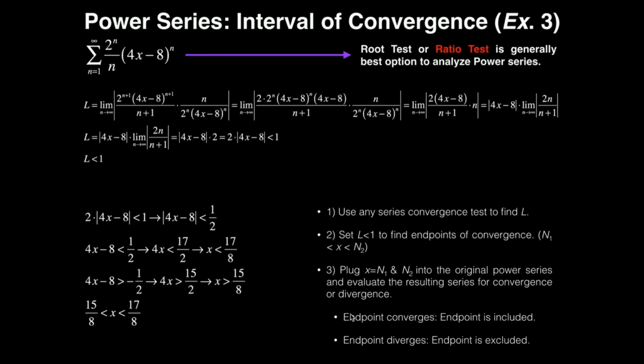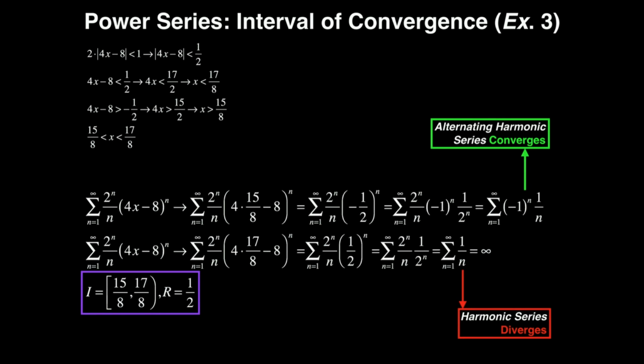Therefore, since that endpoint converges, it is included in the final answer. So if we were to express this inequality correctly, so far at least, we'd need to put a little line under this less than sign, because 15 over 8 is included. That will cause the power series to converge.